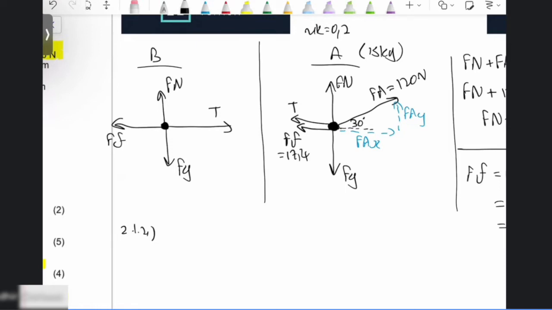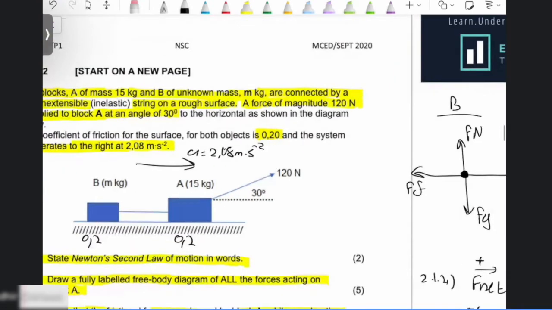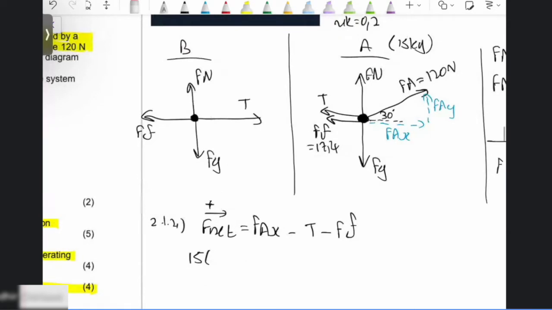First up, we are going to say that our F net for A, that direction is positive, is going to be equal to FAX minus the tension minus the friction. And this is a mass of 15 times an acceleration of 2.08. So FAX is what we're going to be sorting out now.